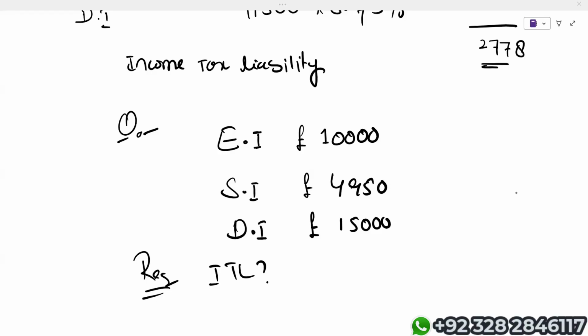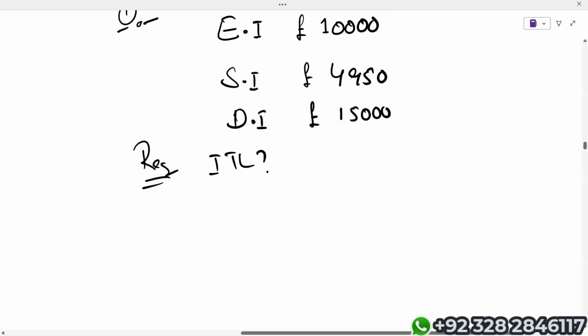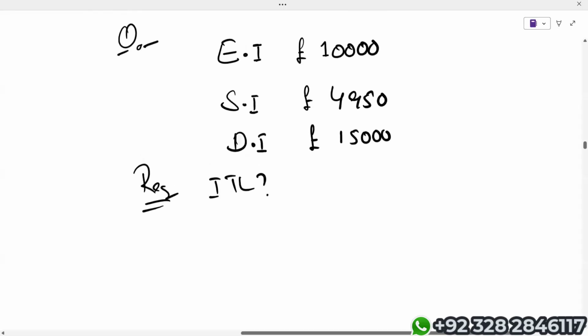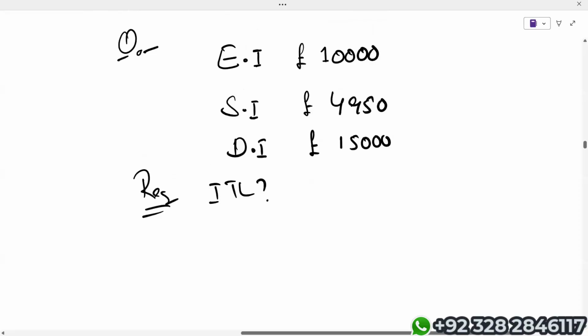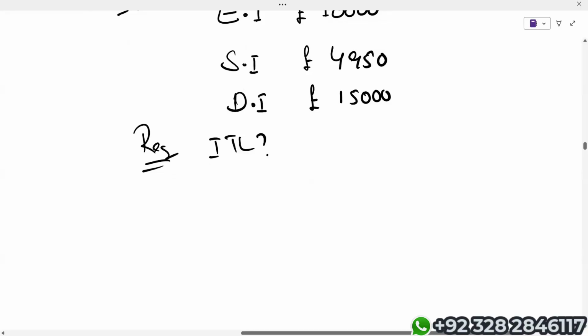Now, before we solve this example, which looks very simple, within this very simple example there's one hidden rule, which students sometimes do not recall in the exam, so they lose very easy 2 to 3 marks. First is non-saving, then saving and dividend. Now listen to me carefully.